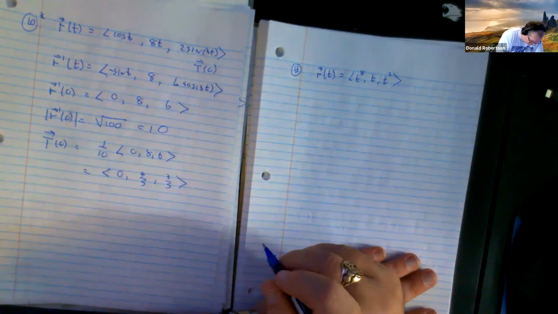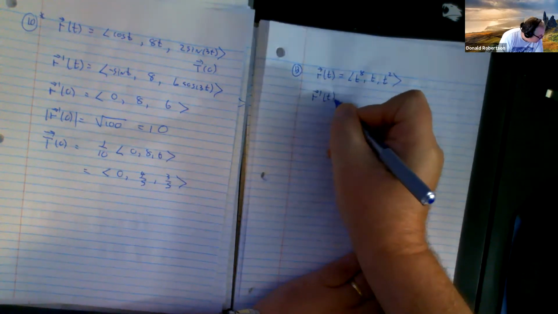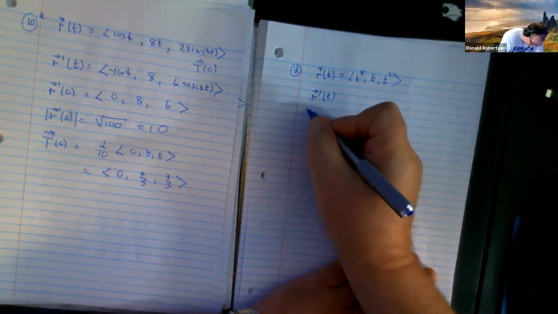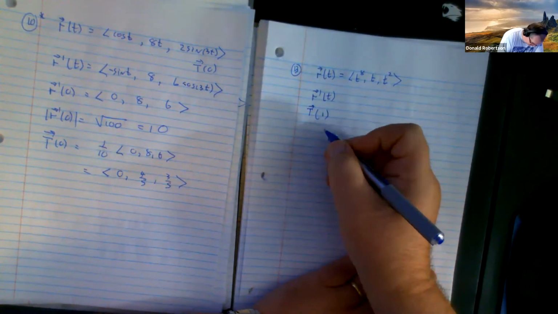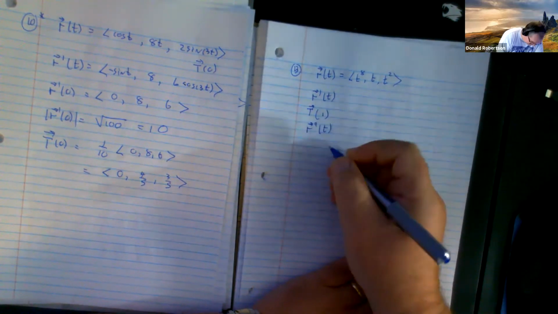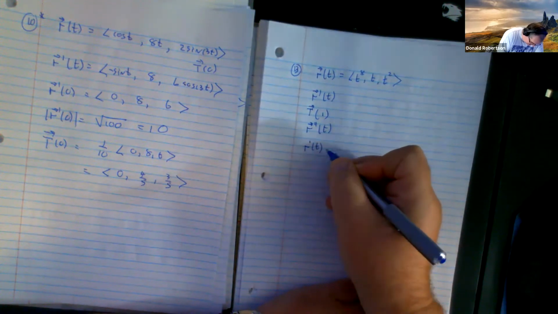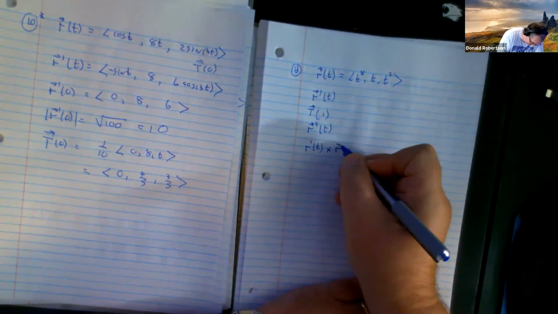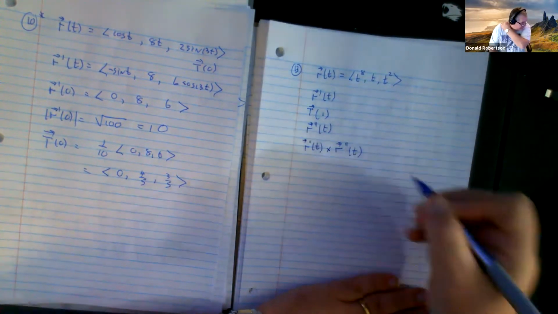And we are being asked to find that guy, the unit tangent at 1, the second derivative guy, and the cross product of the first and second derivative.